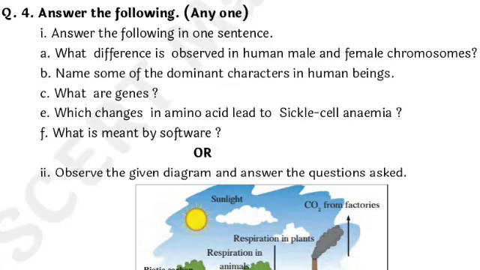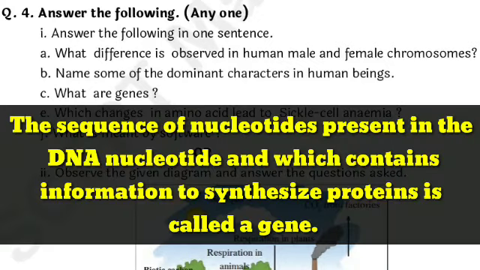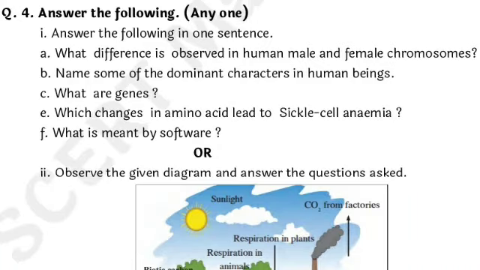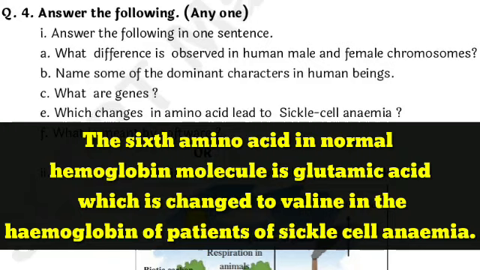Friends, please write the answer. Let's go to C. What are genes? The sequence of nucleotides present in the DNA, which contains information to synthesize proteins, is called a gene. E. Which change in amino acid leads to sickle cell anemia?